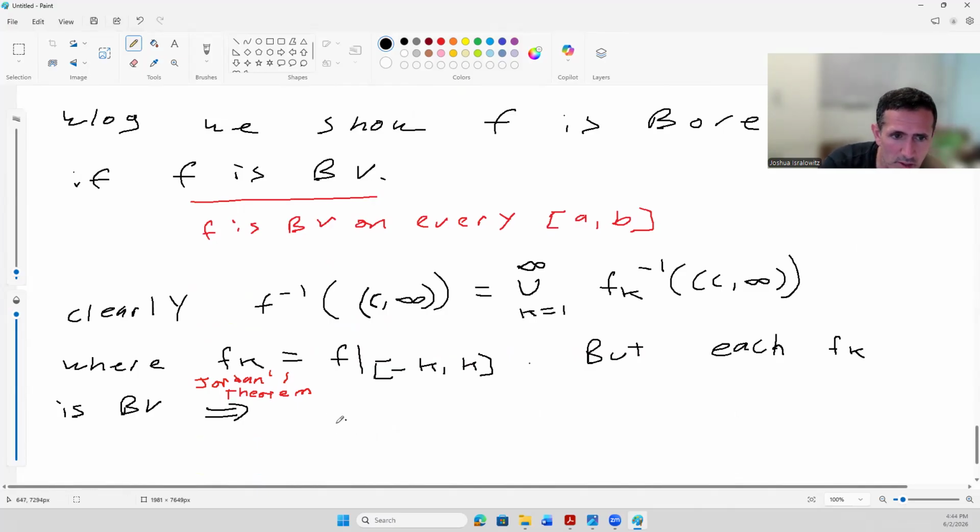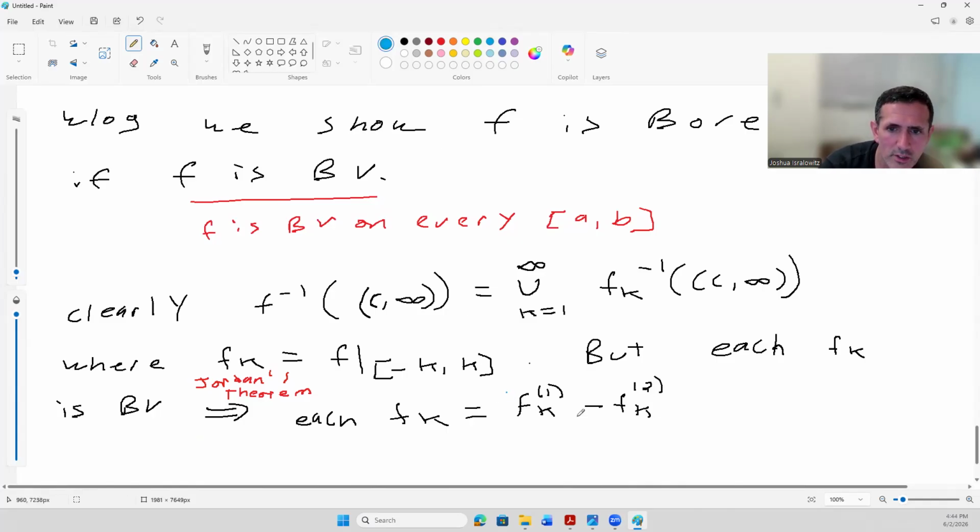Anyway, so that means F_k can be written as F_k1 minus F_k2.